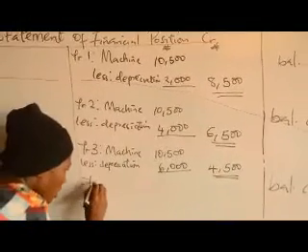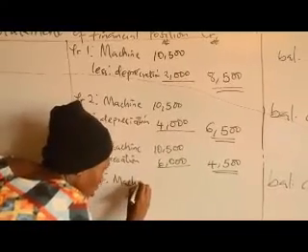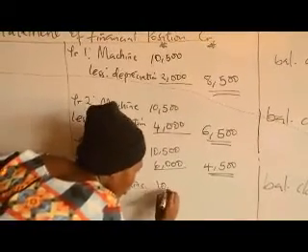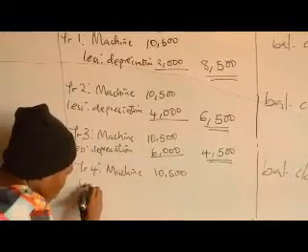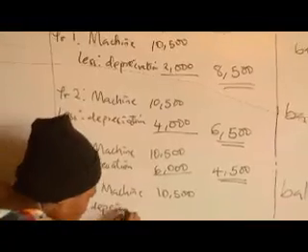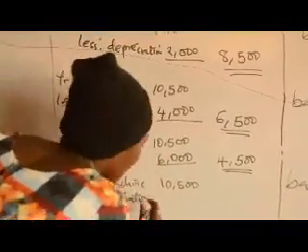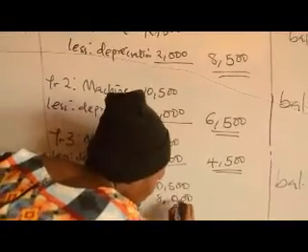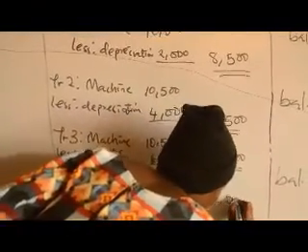For our fourth year, our accumulated depreciation is 8,000 naira. And when we less that, we have 2,500.